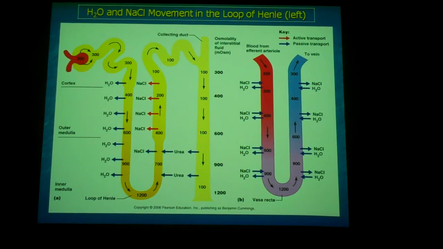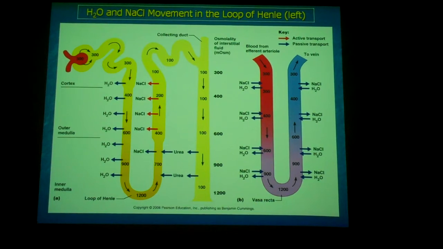Right. So we're getting rid of solutes, even to the point that as we come out of the loop, we've got a lower solute concentration than we started with over here. Unless something happens in the collecting duct, which I will show you a little bit later.